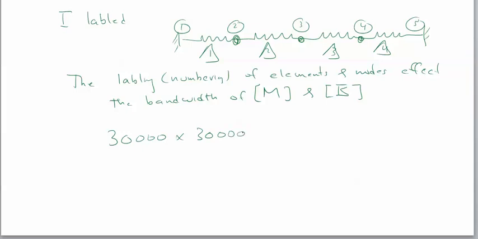But storing a 30,000 by 30,000 matrix, let alone the calculation, is not going to be easy in a computer. And in finite element problems, if you were to do it the way I described, there are matrices of order 10 million by 10 million. It's not going to fit. Doesn't matter how much disk space or RAM you've got. You won't be able to store matrices of this size.